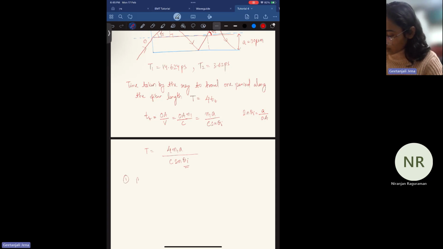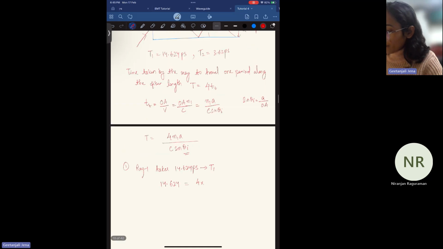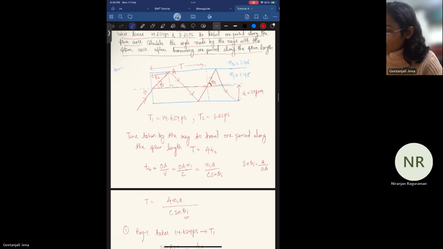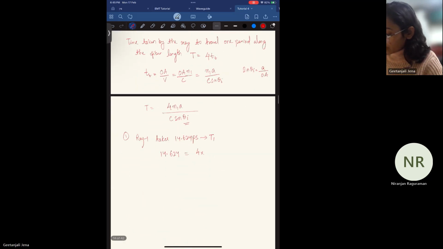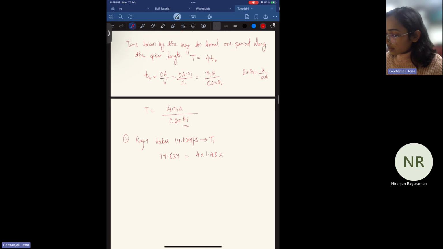So the first ray takes 14.624 picosecond to travel one period. So we have 14.624 equal to 4 times n1, which is 1.48, and A, it's given, 30 micrometer.